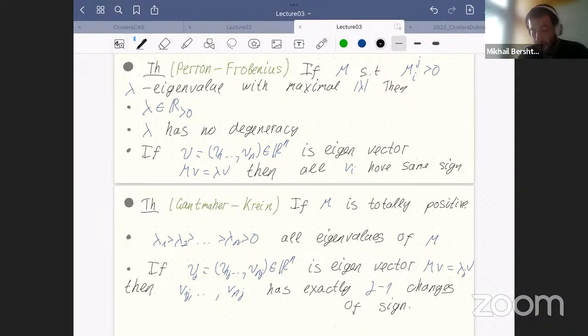So for g equal 1, all of them have the same sign. For g equal 2, we first have some set of pluses and then some set of minuses, and so on.